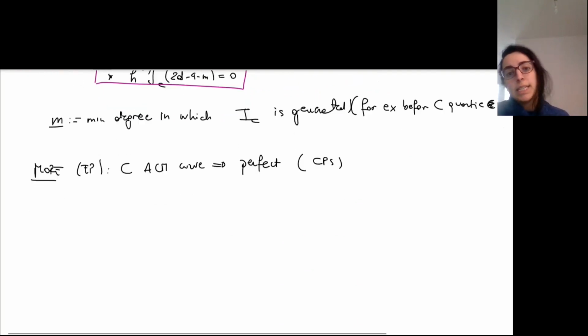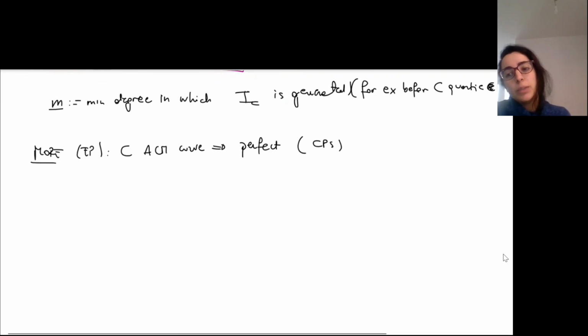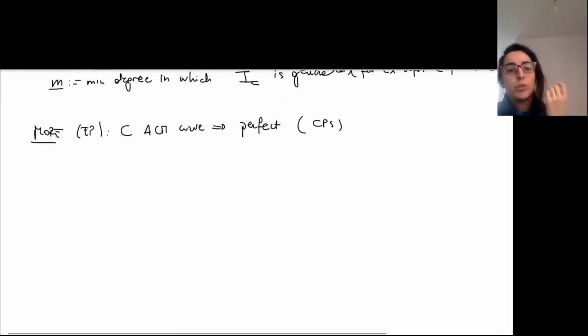Unfortunately, it really deals with the property of being a curve. ACM for sure, because it really needs the resolution of the ideal, a property of ACM curves. But for curves, maybe it could be extended to codimension 2 ACM subvarieties, but I'm not sure.